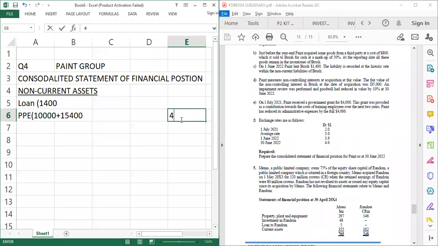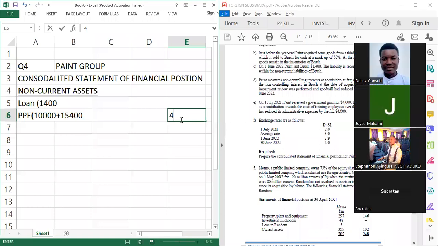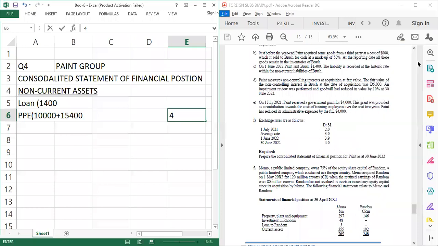So if 4D is equal to $1, how many dollars will 15,400 be equal to? Is it going to be division or multiplication? Division or multiplication?